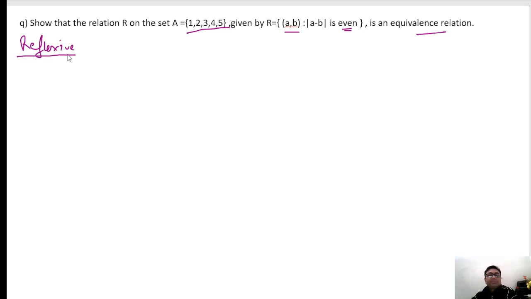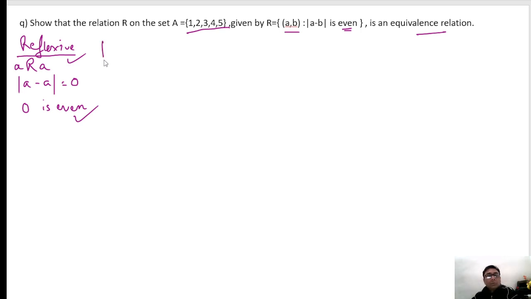Reflexive. In the reflexive, what will happen? a R a, that means mod of a minus a, which is 0. So definitely 0 is even. 0 is counted as an even number. So this is a reflexive relation, valid.